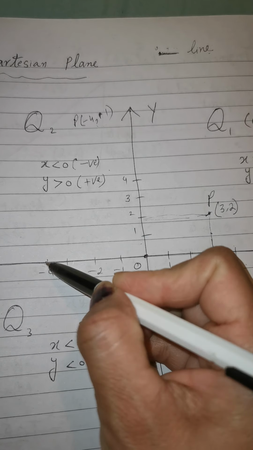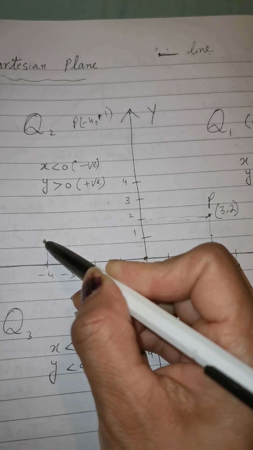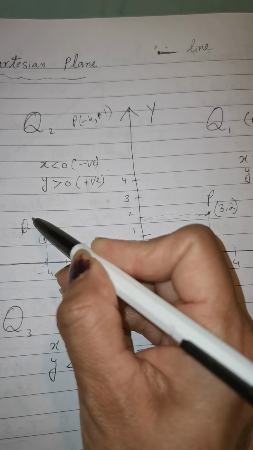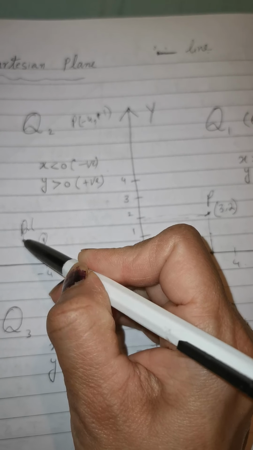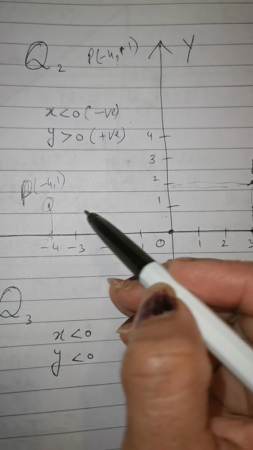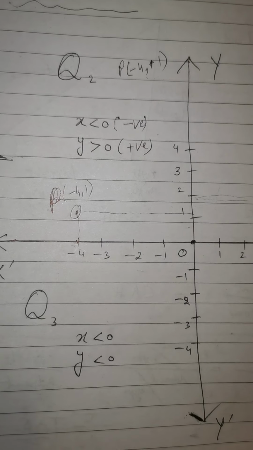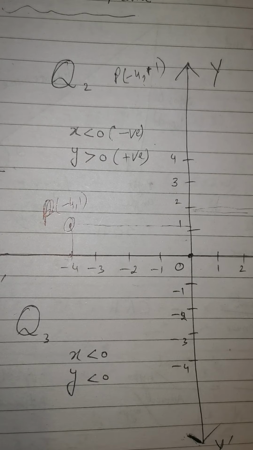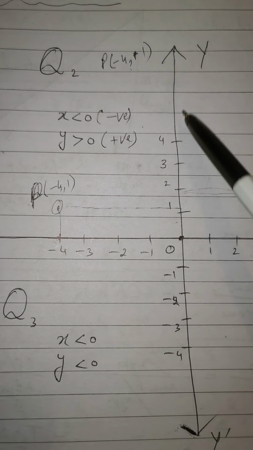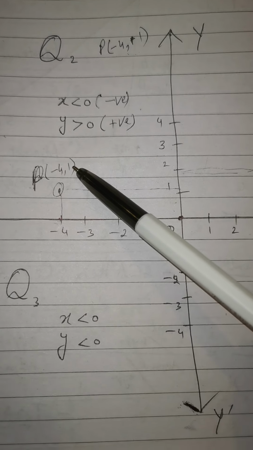So from this -4 I will walk above the line here. So my point lies here. You will represent it by Q or P, whatever the point name is, (-4, 1). So in this way the points are drawn in the second quadrant where x is negative and y is positive. Keep it in mind, this is our first quadrant.